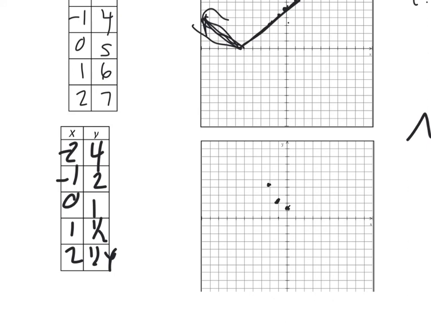And then over here we've got 1 and 1/2, so it's in between there. And then 2 and 1/4, so it's right above 0. All right, all of these are going to be right above 0. They get smaller and smaller and smaller decimals, but you've got an exponential.